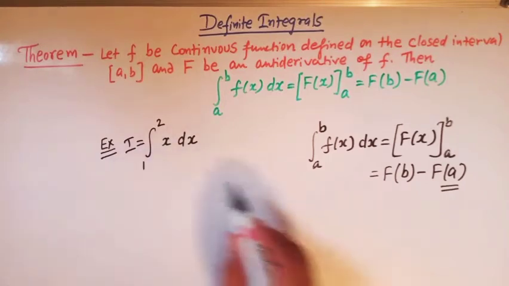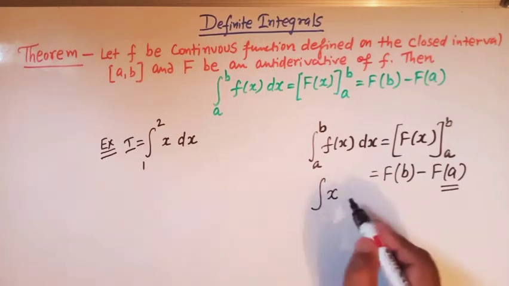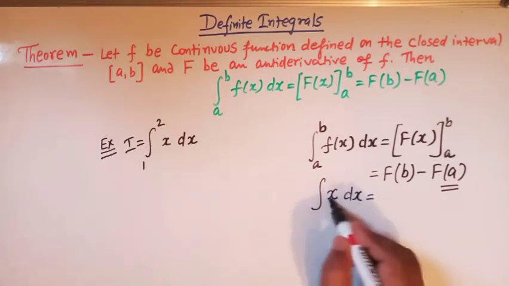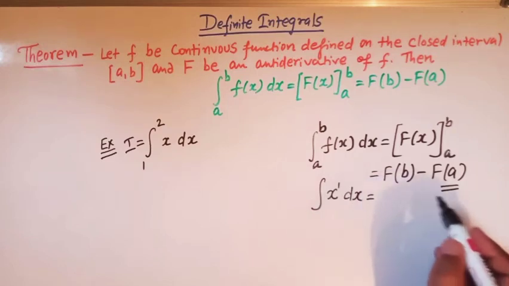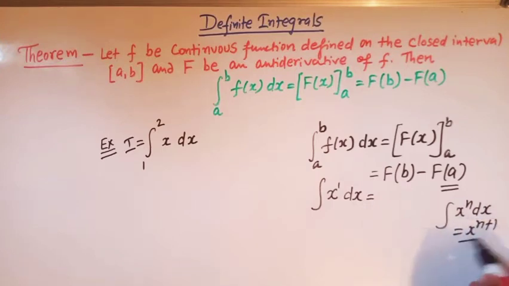So what we will do, we'll first find the indefinite integral of x, and here we'll make use of the formula, that is the integral of x raised to n dx is x raised to n plus 1 over n plus 1.